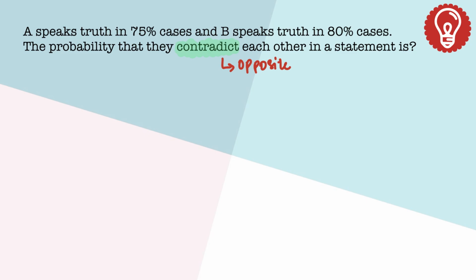So one way I can get the template is, let's say A is speaking truth and B is speaking false, that is opposite. Or maybe A is speaking false and B is speaking truth, right? So these are the two ways in which they can contradict each other.